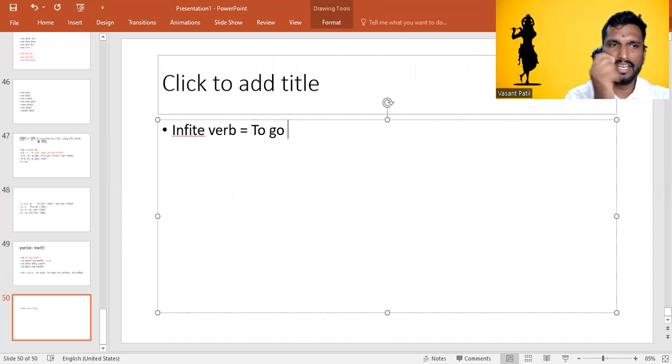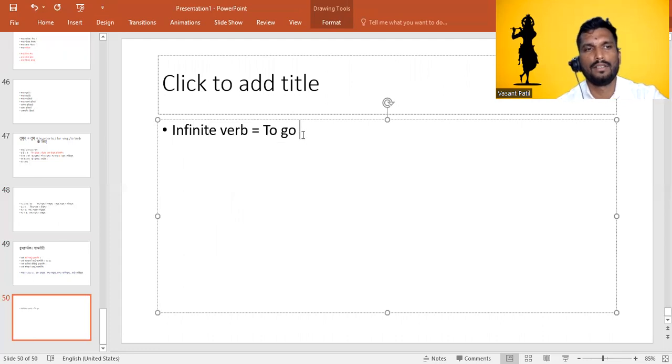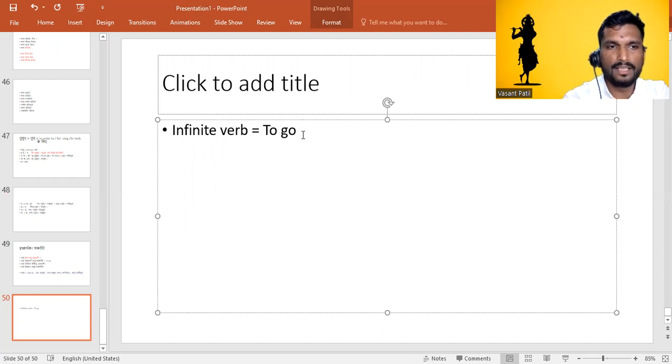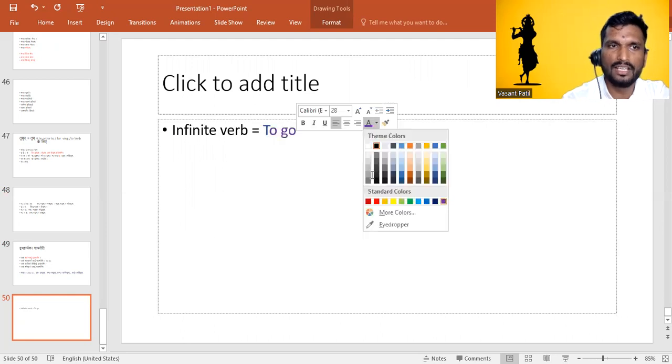This is called infinitive verb form. Okay, means what? Sometimes we use V1, sometimes V2, sometimes V3, sometimes V-ing form. But there is this constant form, which is used in many places.